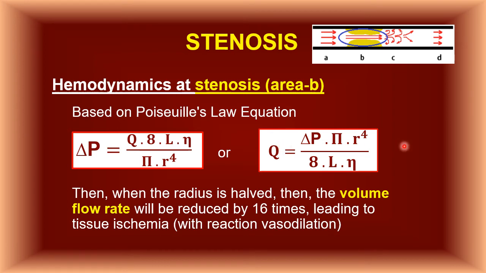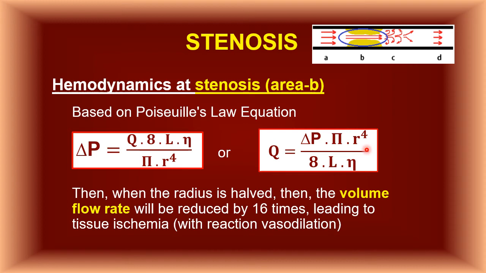So in a significant stenosis, like I mentioned earlier, we have a diameter reduction of 50%. What will happen here? The amount of flow in this system will be reduced 16 times, so it will be 1 over 16 of its original flow. Again, let me repeat this one more time.